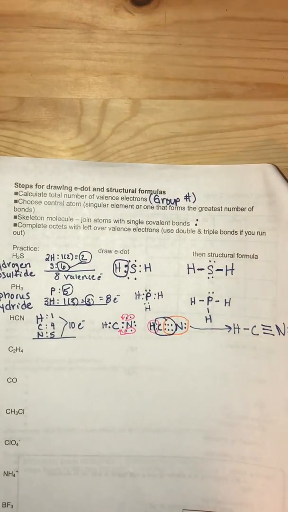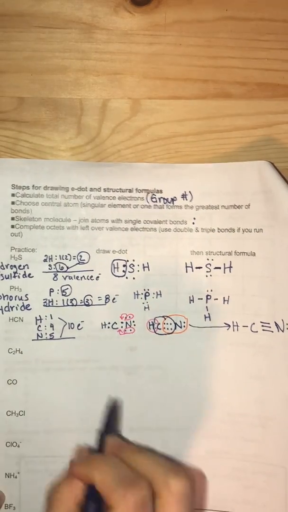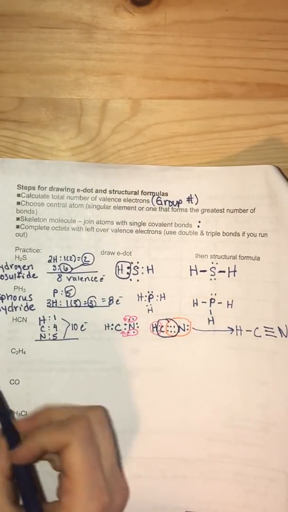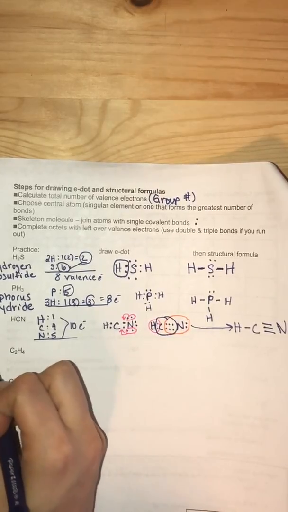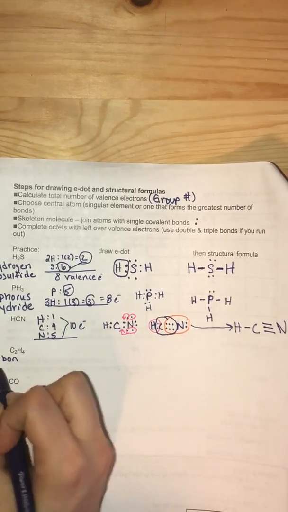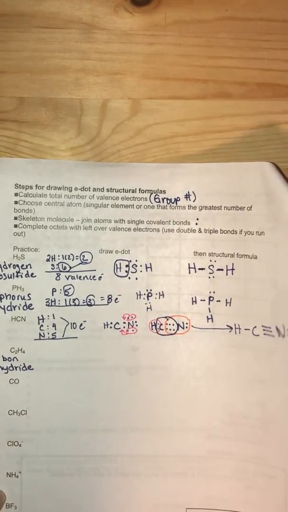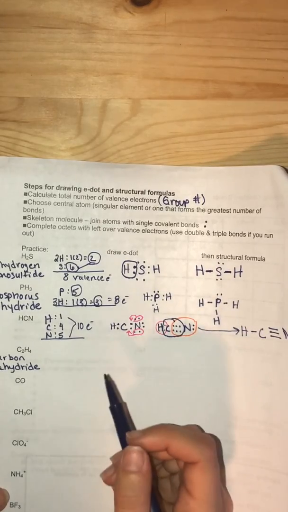The next one, we have 2 carbons and 4 hydrogens. We're going to need to use our prefixes here because these are both nonmetals. This is dicarbon tetrahydride. Now we need to count how many valence electrons we have.